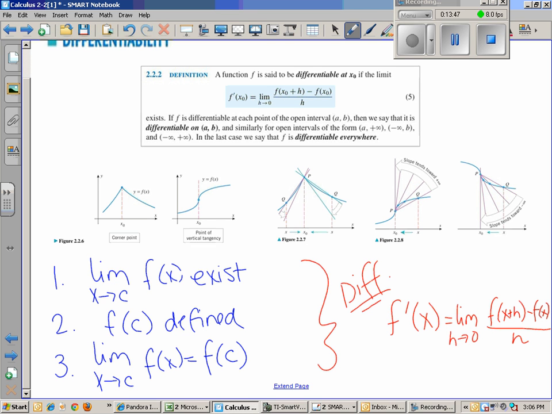The general derivative must be actually equal to the derivative when evaluated at that point. So that actually has to equal whatever it is we're talking about. Whatever your function is, that has to be true.